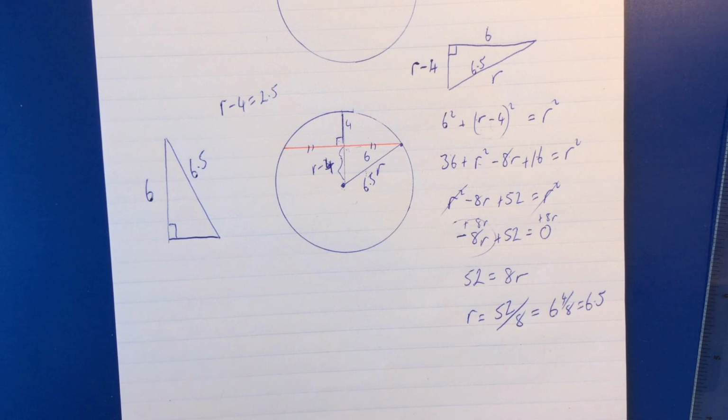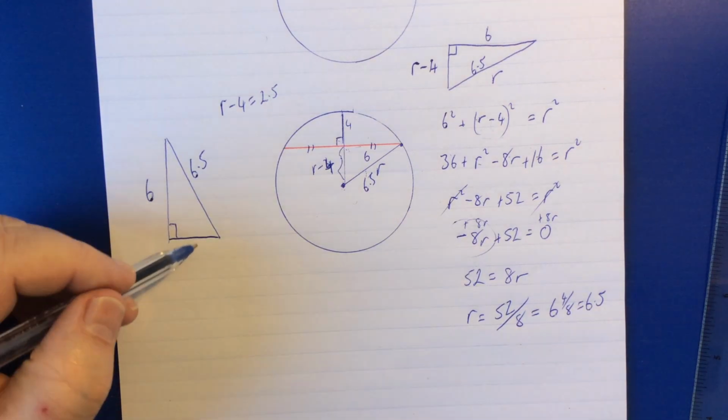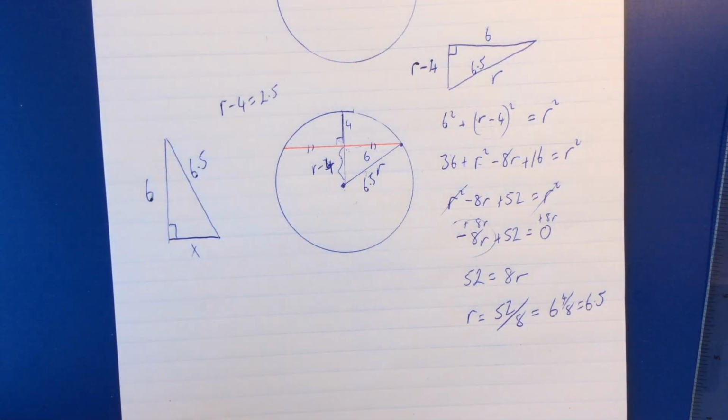So 6.5 squared minus 6 squared should equal that squared. What do we get? We get 6.5 squared minus 6 squared equals 6.25.